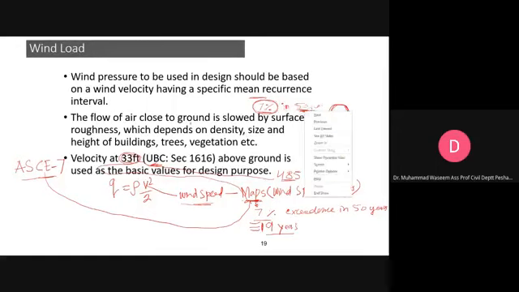Now what happens is that the wind velocity, the flow of air close to the ground, is slowed down by the surface roughness, which depends upon the density, the size of the buildings, trees, and vegetation. What it is trying to say is that the air velocity near the ground is slower, and this velocity is also affected by the surroundings where you are constructing your building, due to the roughness and topography of the ground.